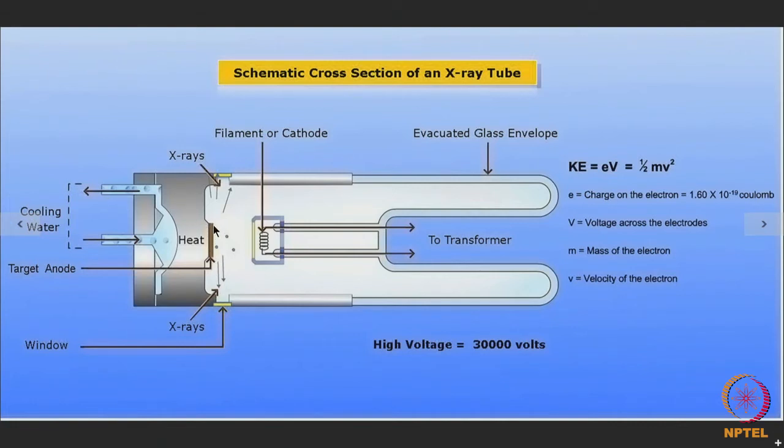Now, this is a typical schematic cross section of an X-ray tube, and here we have a filament or a cathode made up of, say, tungsten, and when a current is passed through this filament, there will be thermionic emission of electrons. And if we have an anode or a target made up of metallic material or an alloy, and if a high potential is maintained between the anode and the cathode, and the high potential may be of the order of, say, 30,000 volts or even more, then what will happen?